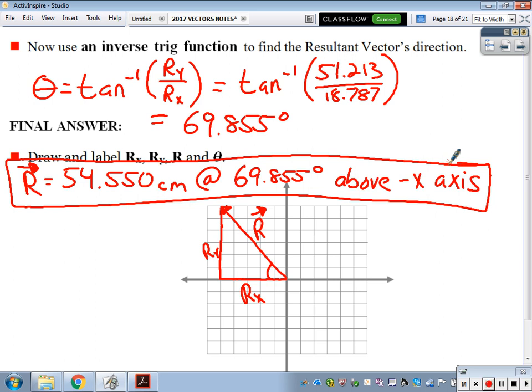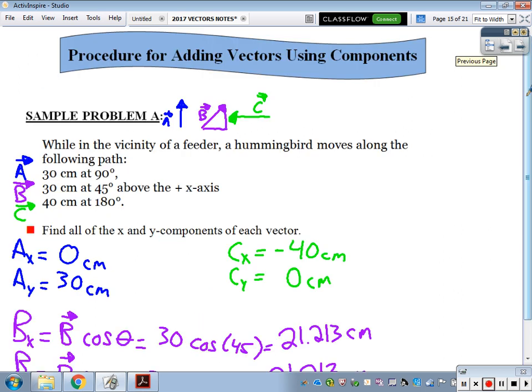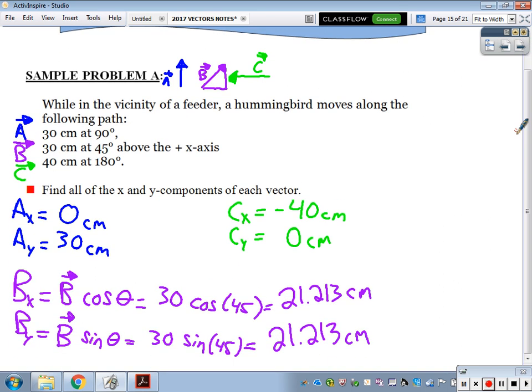Now with these problems, I fully understand I'm not going to give you 30 of these problems to do for practice. Okay? I'm mean, but I'm not that mean. But as we go through, we should be able to follow this as a practice for any type of problem with vector addition. So here's what I want to do. I just want to do a quick recap again, just so we understand everything from the very beginning. Step number 1, however many vectors we have, find all of their vector components.